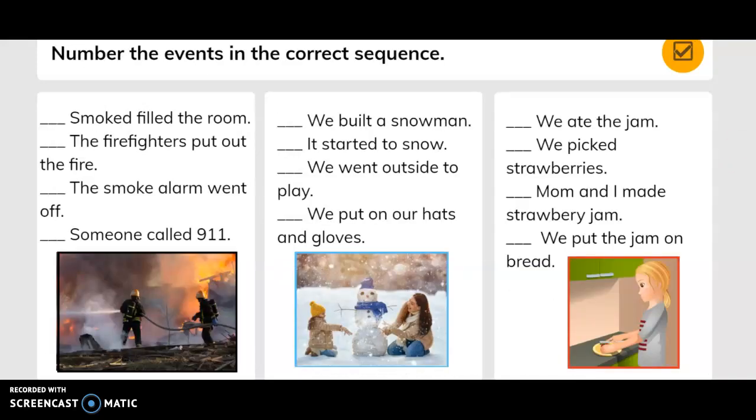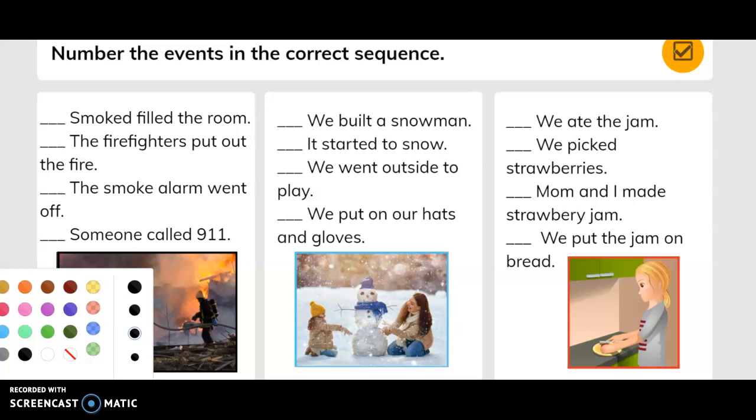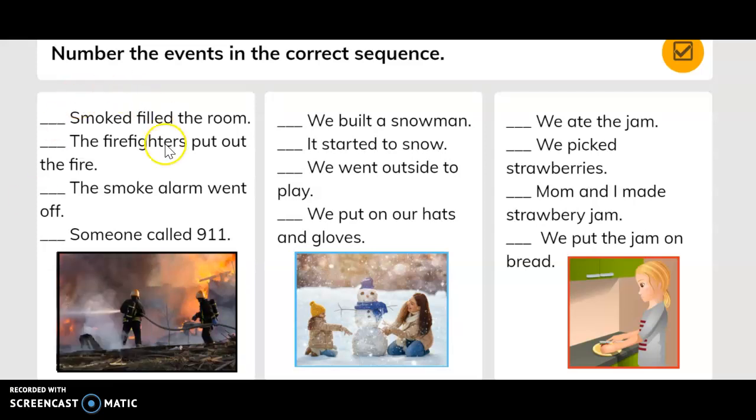Number the events in the correct sequence. Get my marker. Smoke filled the room. The firefighters put out the fire. The smoke alarm went off. Someone called 911.